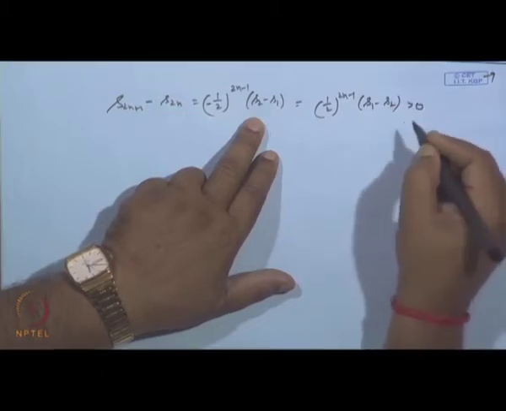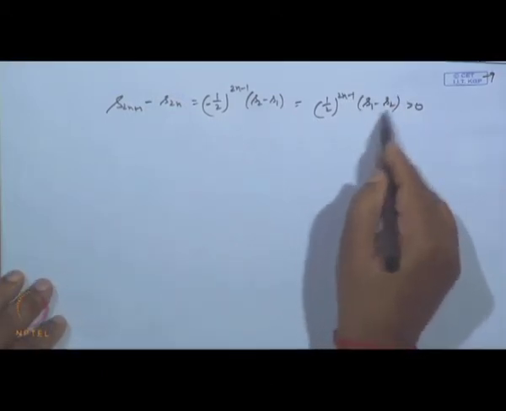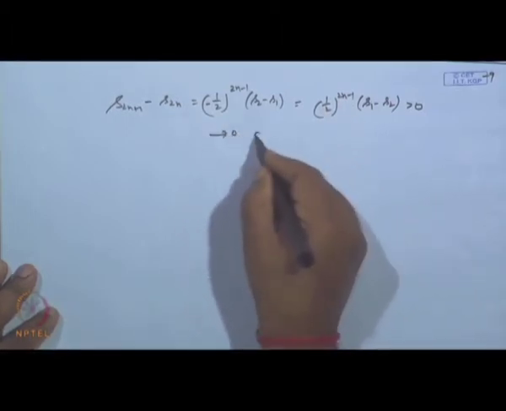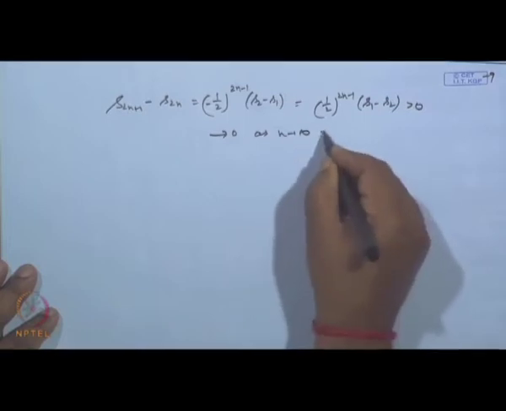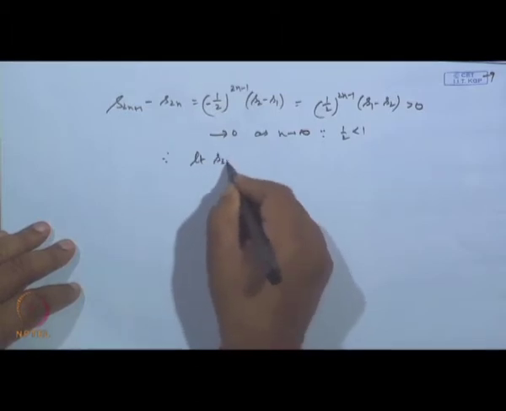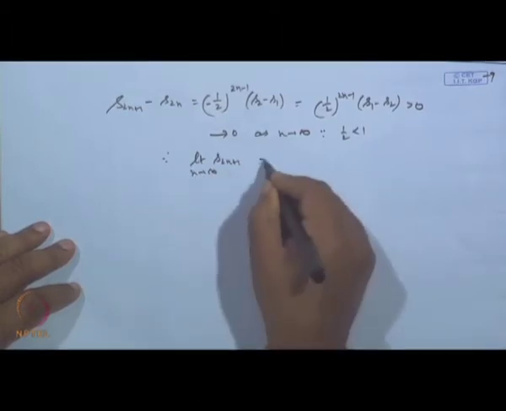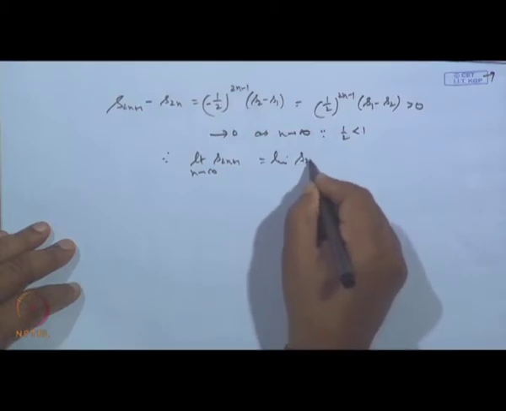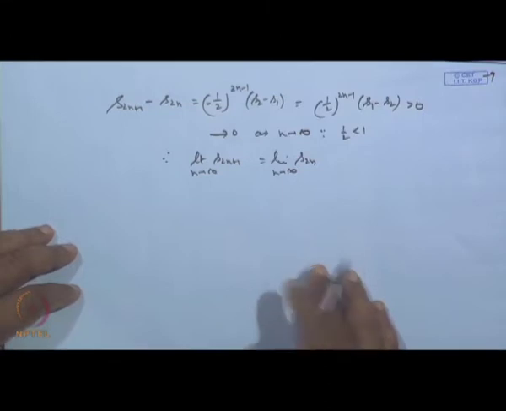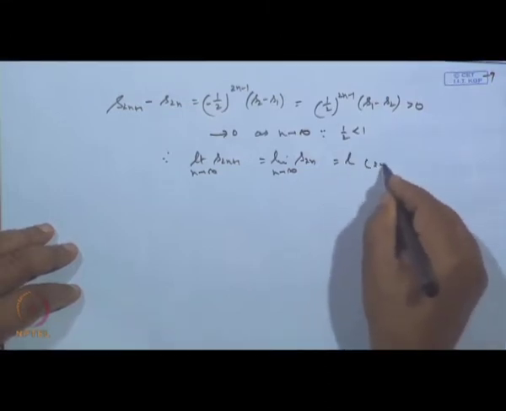Now, this is positive, but S1 minus S2 is fixed. Here this will go to 0. So, it tends to 0 as n tends to infinity, because half is less than 1, and therefore the limit of S2n plus 1 as n tends to infinity is the same as the limit of S2n. So, both converge to the same limit, say L.